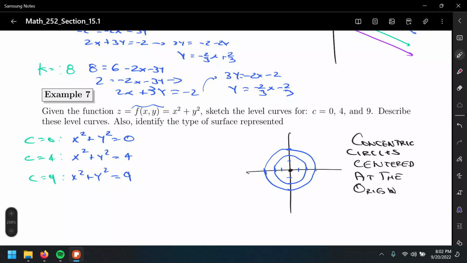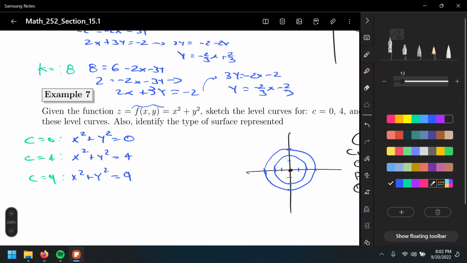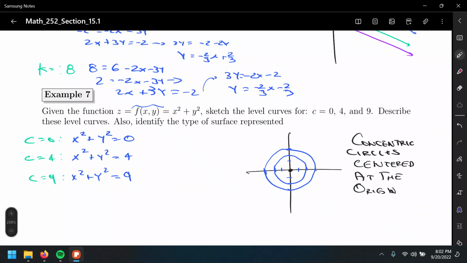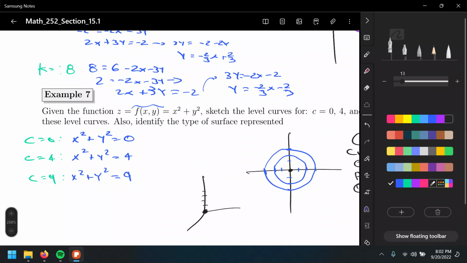And they're asking us to identify the surface. So what do we have? In 3D, we have the origin for c equals 0, and then for c equals 4, that is 4 units up, I'm going to go 1, 2, 3, 4. It looks like there is a circle here.